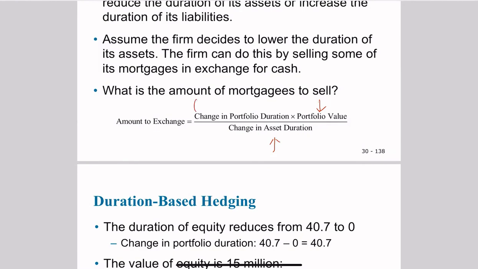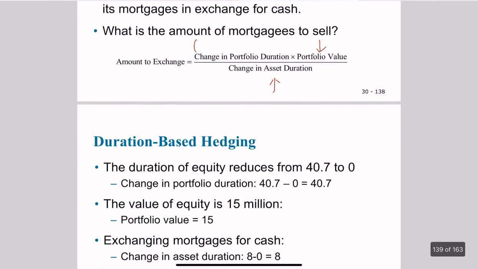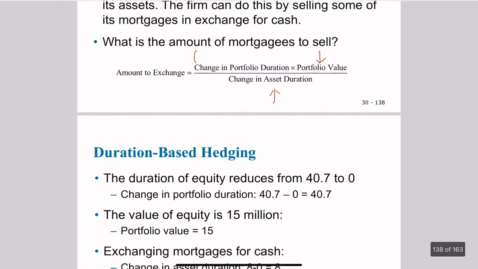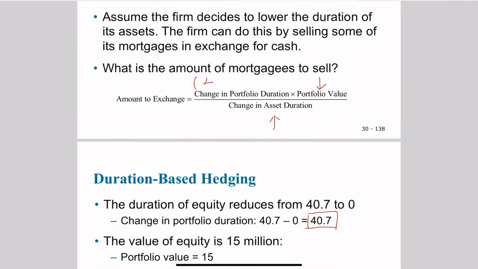And we know that the bank wants to reduce the duration of the equity from 40.7 to 0. So it's 40.7 minus 0. Portfolio value is essentially the equity value. It should be $15 million.